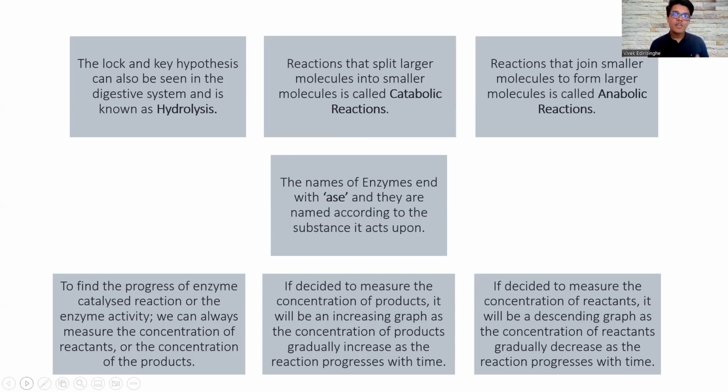If the concentration of reactants is measured and a graph is plotted, it will be a descending graph as the concentration of reactants gradually decreases with the reaction time. If the concentration of products is measured, it will be an increasing graph as the concentration of products gradually increases as the reaction progresses with time.